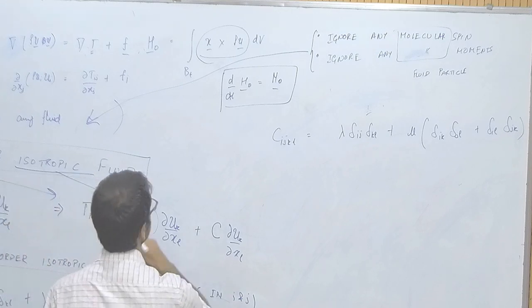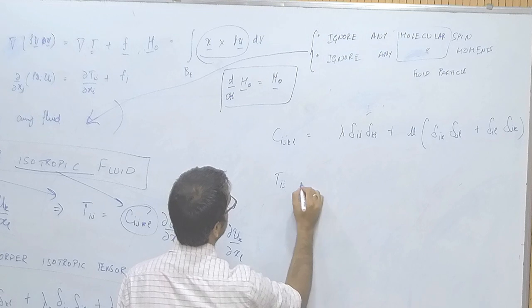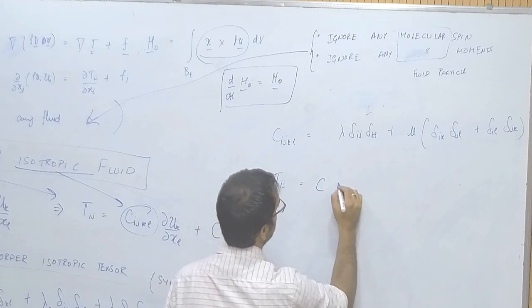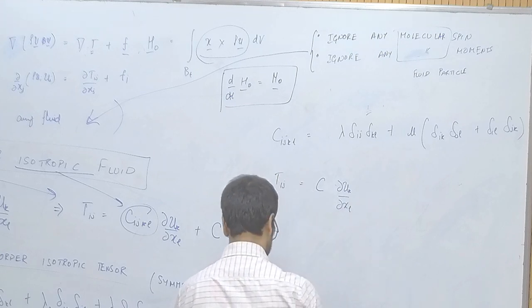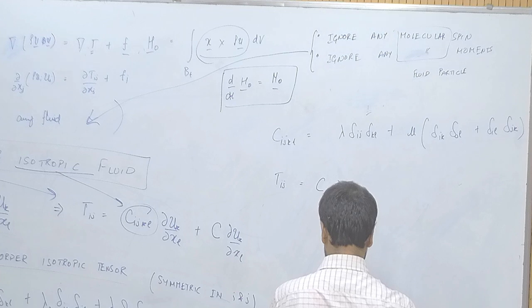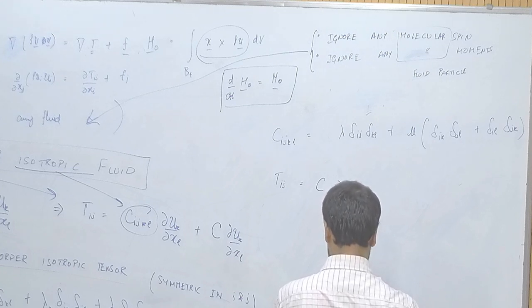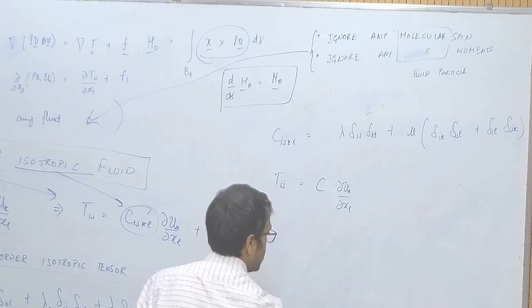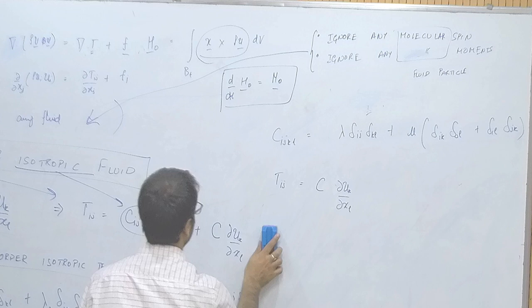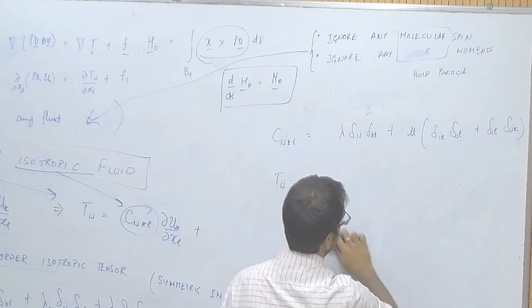So that means this Tij I am going to write as C times del uk over del xl, actually no wait, that can be absorbed in this Cijkl.